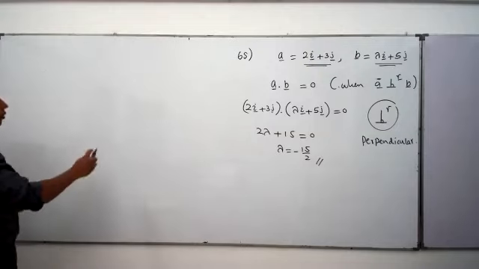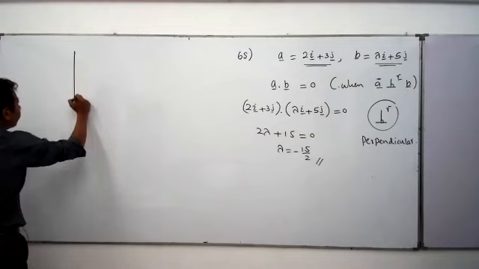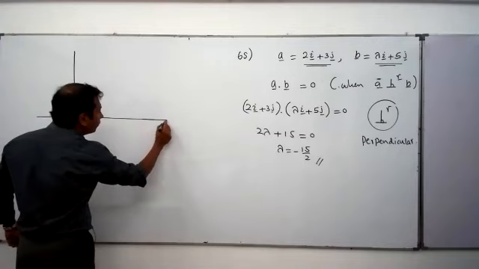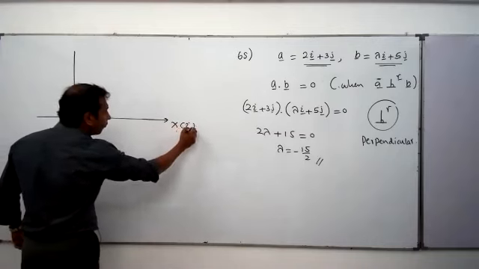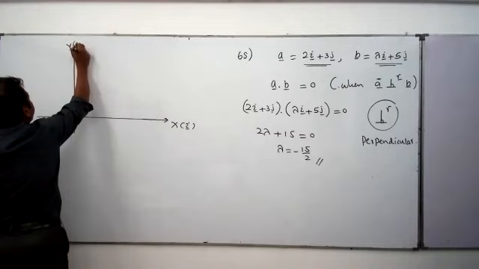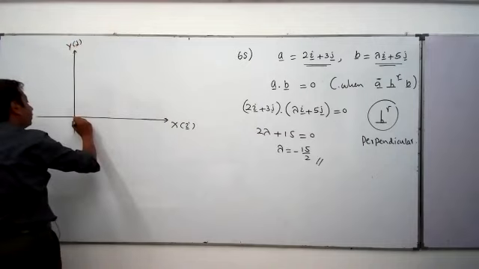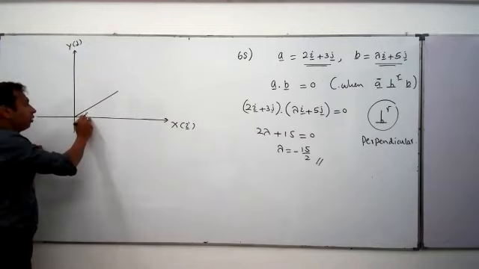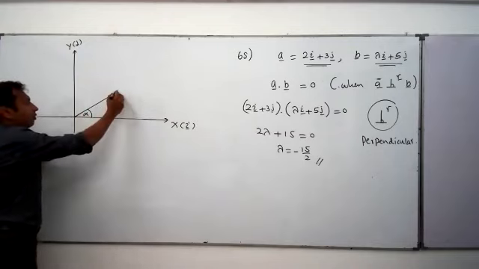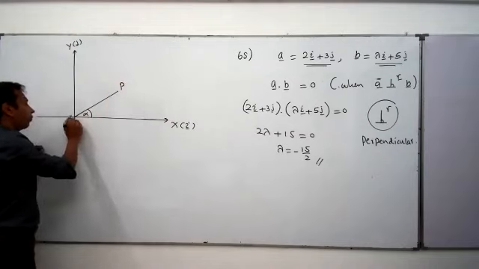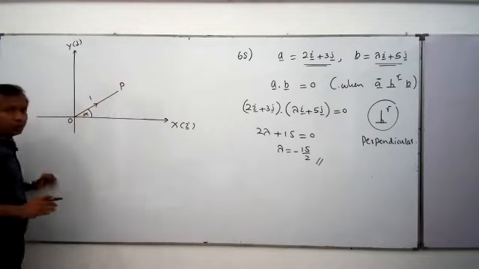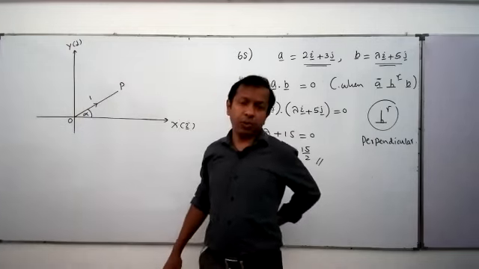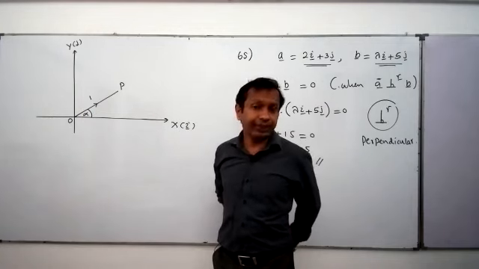In this OXY Cartesian coordinate plane, I'm going to consider, right, there is a vector that makes an angle alpha. Suppose the vector is OP. Its size is 1. Modulus is 1. That means this OP is a unit vector.